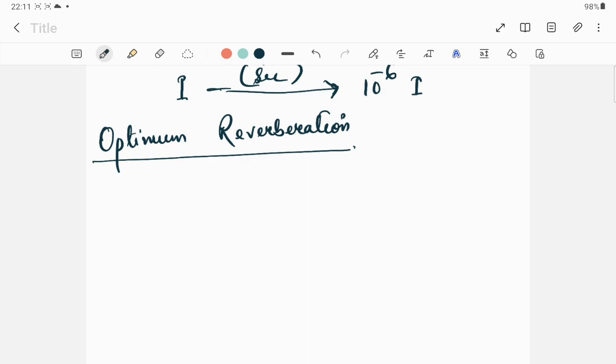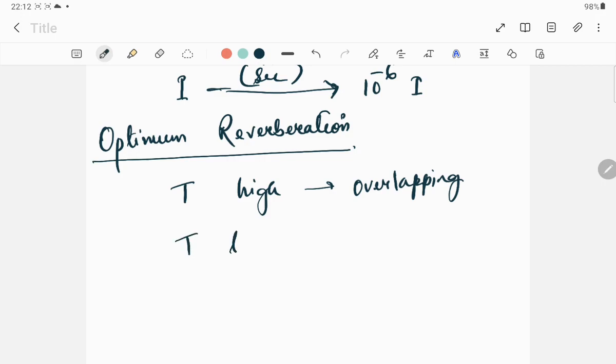What happens if the reverberation time, say capital T, is too long? It will create overlapping between the sound syllables, and the clarity will be gone.